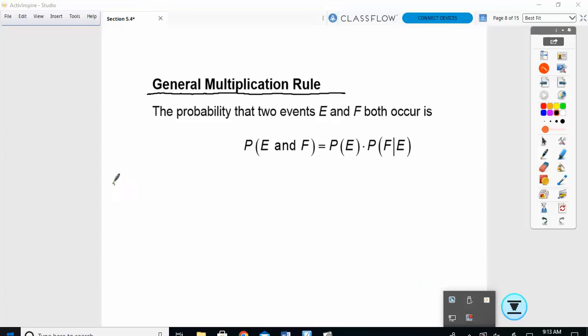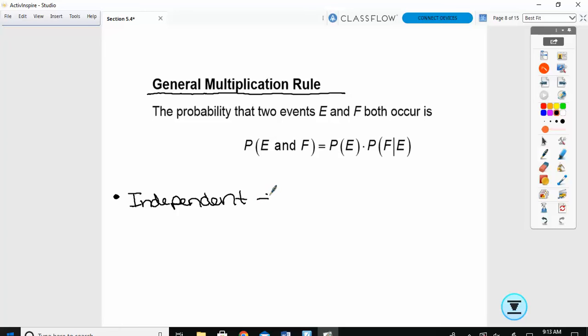One important thing that comes from this, our other multiplication rule was for independent events. If two things are independent, then the probability of one happening is the same as the probability of it happening if something else already occurred.